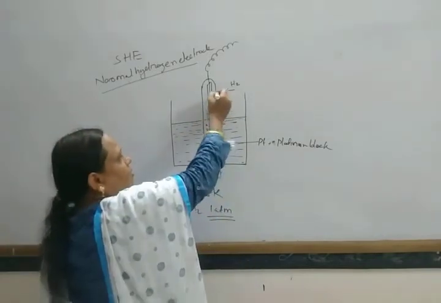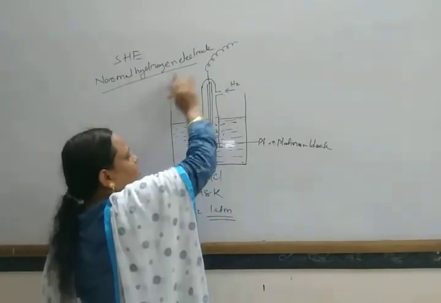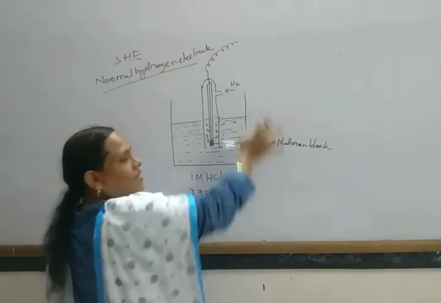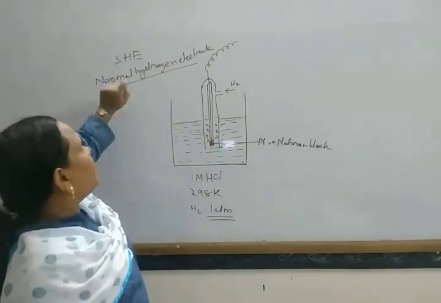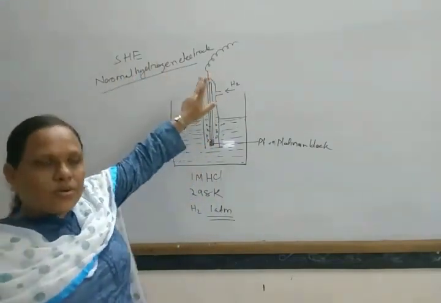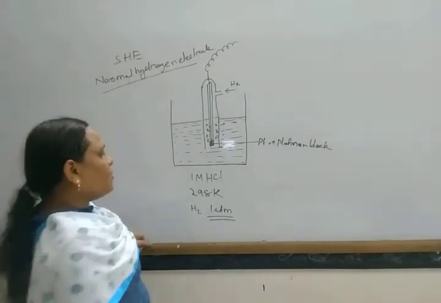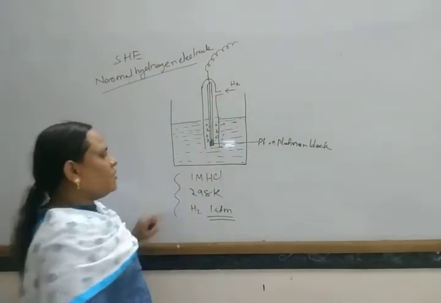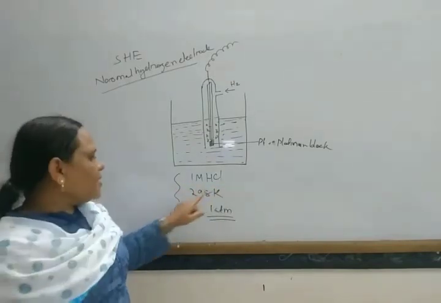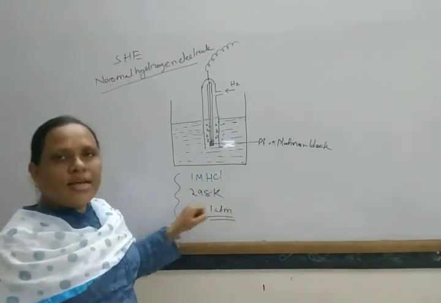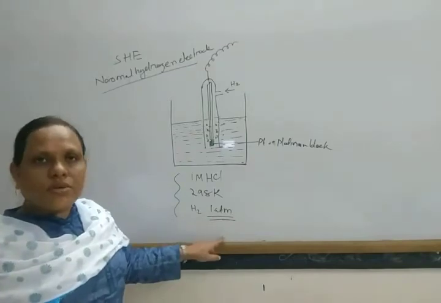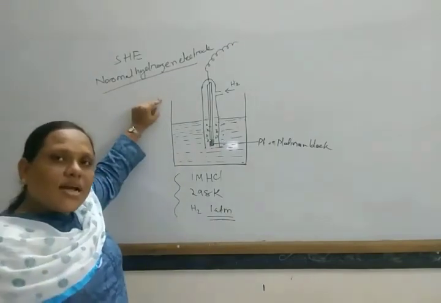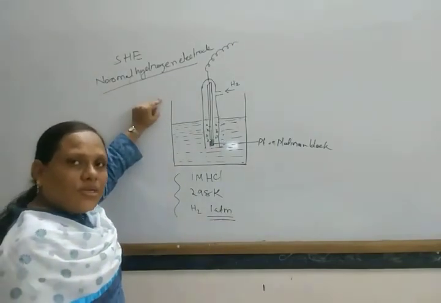This setup is known as the standard hydrogen electrode: hydrogen gas passed at standard conditions, that is, 1 molar hydrochloric acid, 298 Kelvin, and 1 atmosphere pressure.